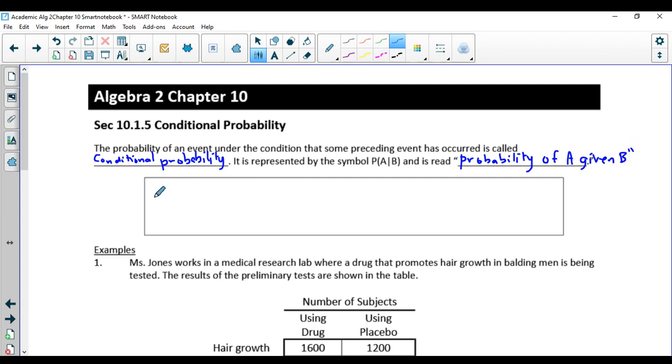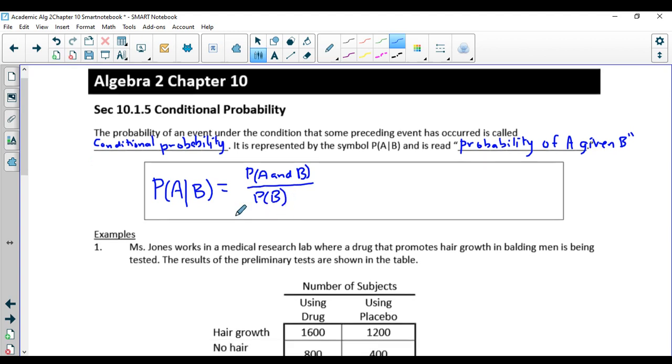The way we find conditional probability is the probability of A and B together is in our numerator, and our denominator is the probability of just B. The way I remember it is this kind of looks like a fraction. So whatever is on the right-hand side is the denominator, and then the top is the two together.